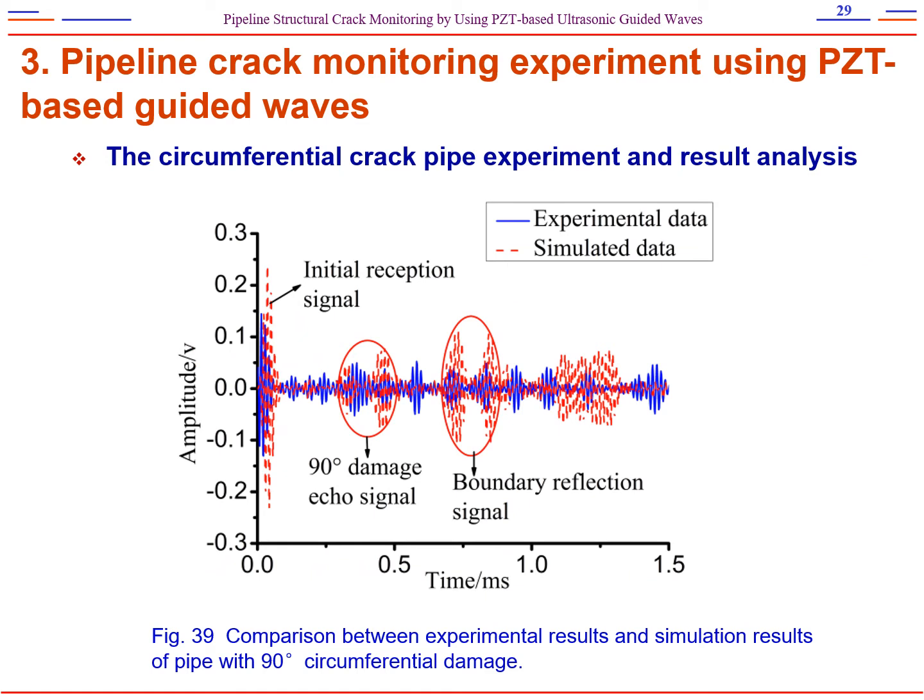To verify the correctness of the pipe damage detection based on the piezoceramic element in the numerical simulation, the sensing experimental signal was compared with the sensing simulated one. The figure shows a good agreement between the experimental and the numerical results. Three signal packages represent the initial sensing signal, damage echo signal, and boundary reflection signal, and they match well in both amplitudes and phases.